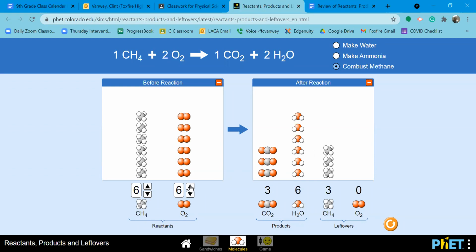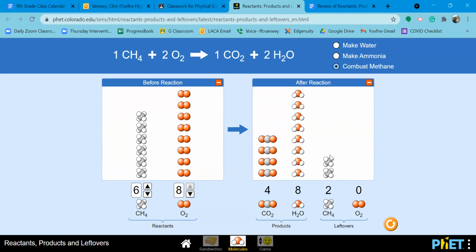I don't have enough oxygen to react all of this methane. In this case, I have a reactant that limits my reaction, right? I don't have enough oxygen to make this reaction happen.